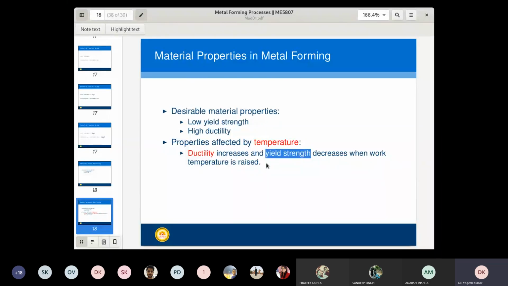So during metal forming, instead of working at room temperature, we can slightly increase the temperature of the metal block. Then it will be easier to deform the metal using metal forming processes. There are other factors, strain rate and friction, that we will discuss in coming lectures.